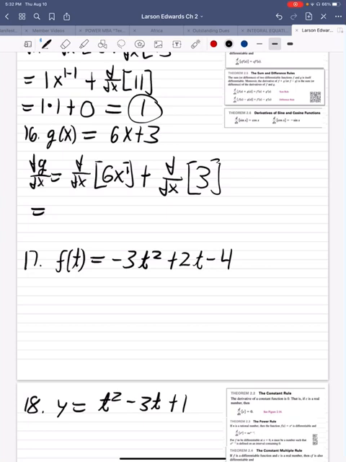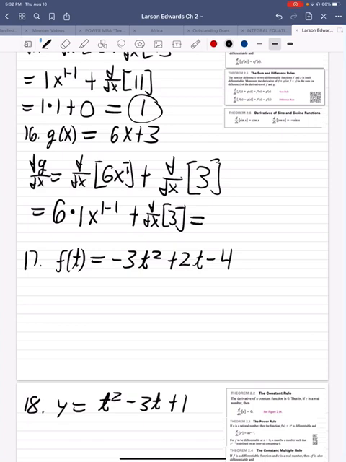So you take the coefficient and you put it in the front. By the constant rule, this is the same as writing 6 times, then you do the power rule, 6 times 1 x to the 1 minus 1 plus d dx of 3, which by the constant rule you know is 0.